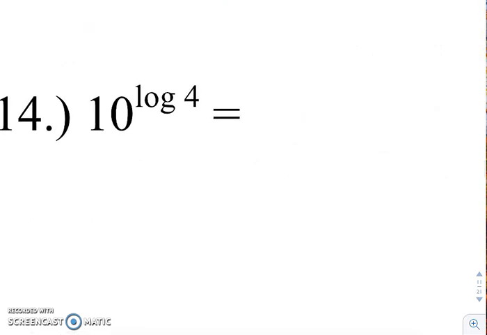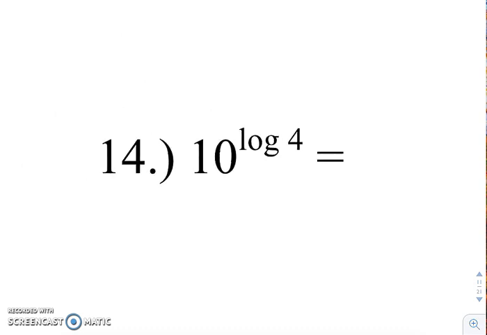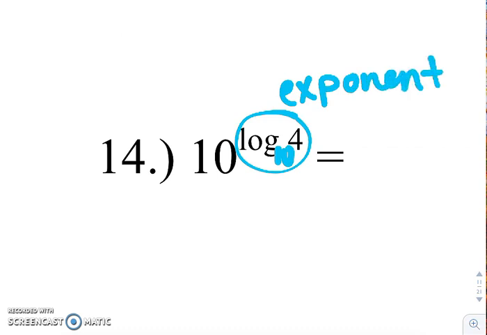Now, we talked about log base b within an exponent base b. It works the same way if you have an exponent with said base, and then the exponent has that log with the same base in it. So, like for number 14, this is log base 10 of 4. This is your exponent. I know sometimes it's hard to see the difference, but that log base 10 of 4 is your exponent.